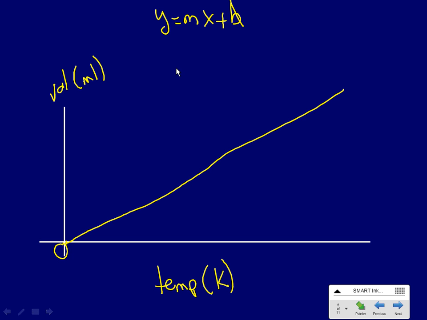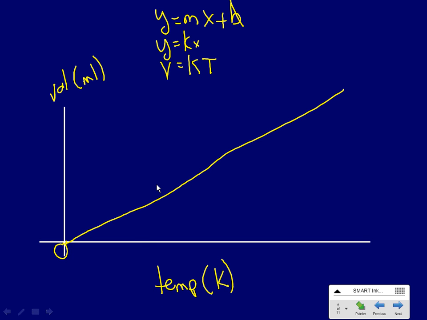That means I can go back to my good old y equals kx, right? But in this case, it's going to be v equals some constant k times t. Now that little equation right there is only valid if I start at 0, 0. And it's only valid if I start my temperature at absolute 0. So I must have it in Kelvin.